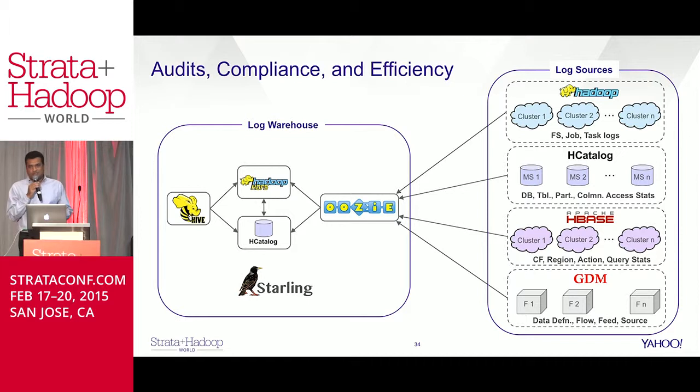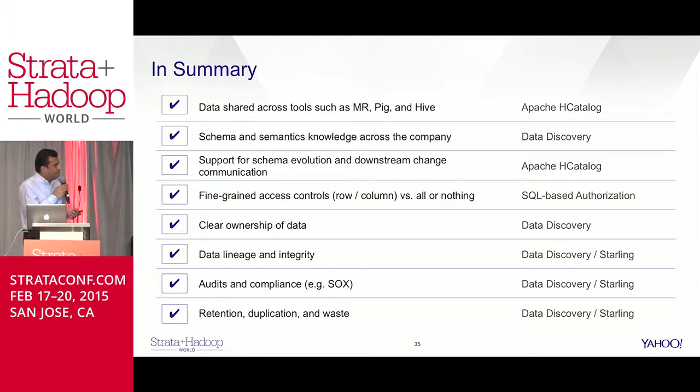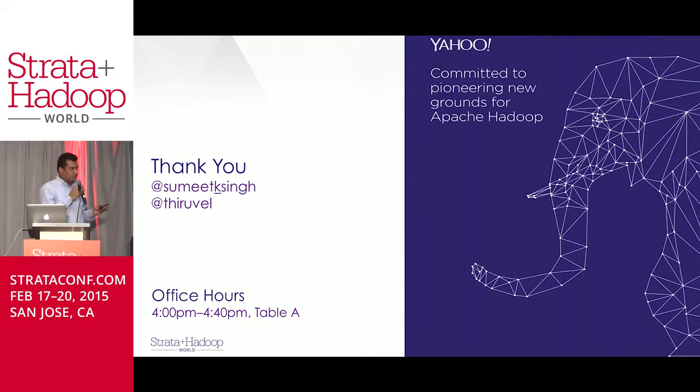And then it also tells you what's being used, what's not being used. So you can eliminate things that are wasteful, and trigger alerts around wasteful retention of data. So again, in summary, all the challenges that I talked about in the beginning can be solved in a very simple fashion with just native Hadoop components, which are almost all open source.